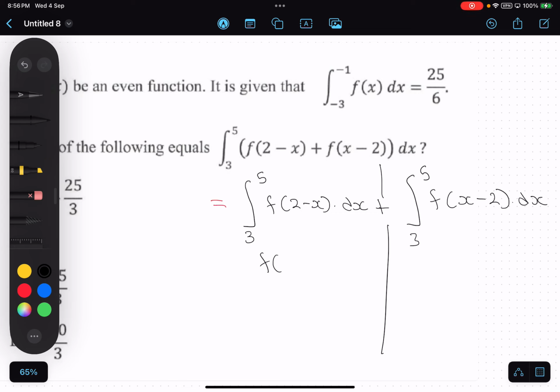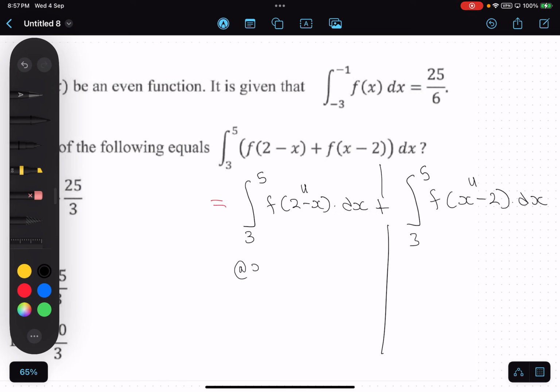Sorry, I made a mistake. What you want to do is call what's in the bracket u. Start by finding the lower and upper boundaries.